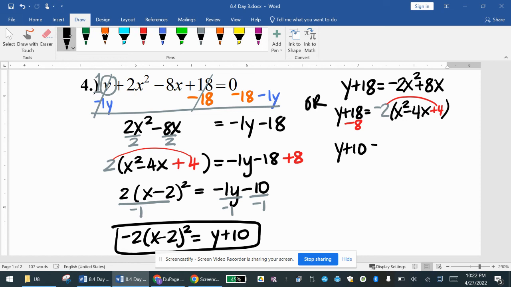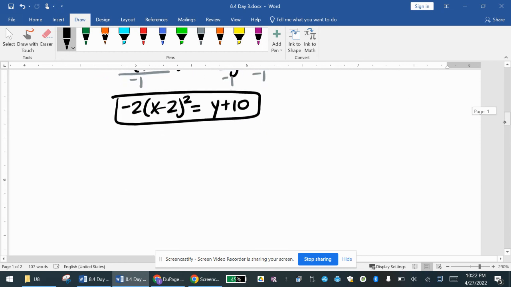And you see you get the same answer. So again, as long as your y's are on one side with a constant and then your x's are on the other, like in this case, then you're good. It really doesn't matter what side you move them to. But the quadratic term is the one you're completing the square for.